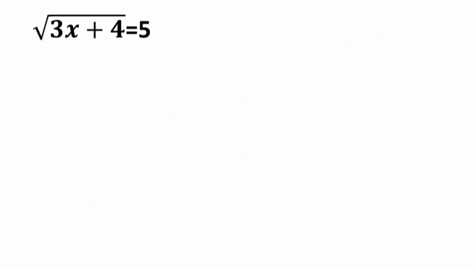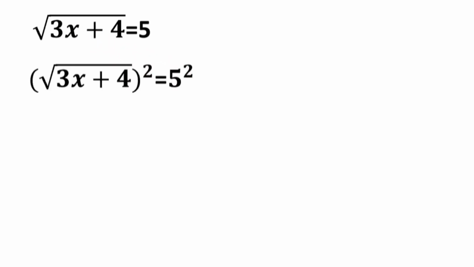For example, we have here the square root of 3x plus 4 equals 5. Since we have a square root, in order to remove the radical sign, we are going to square both sides of the equation. So the square root of 3x plus 4, squared, equals 5 squared, and the radical is removed, and 5 squared is 25.